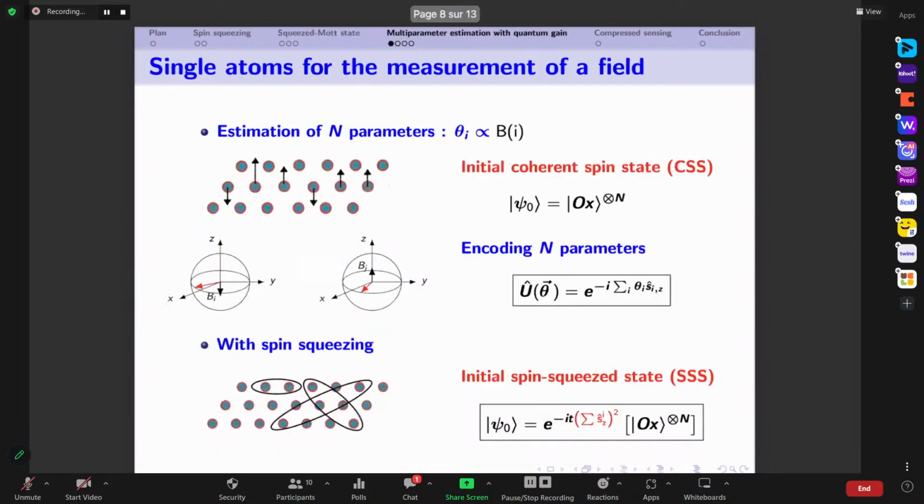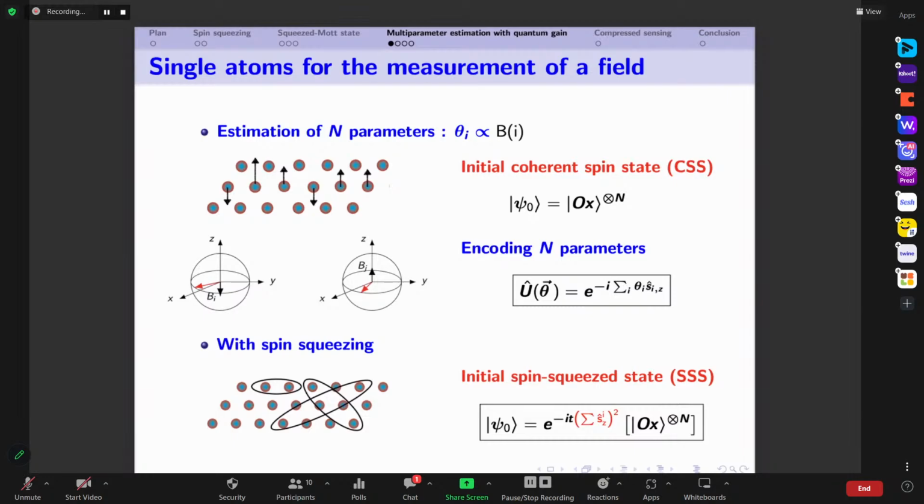That is, now I imagine that I don't want only to measure one phase like in the atomic clock, but many phases. And these phases are proportional to some local field. For example, imagine there is a magnetic field along the direction Z. I know the direction, but the amplitude is random. I don't know it at all.